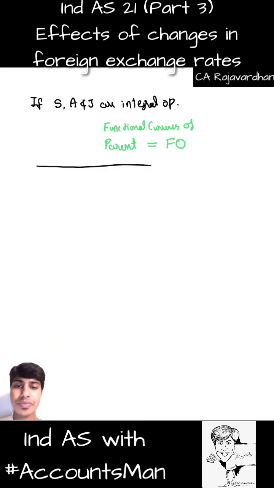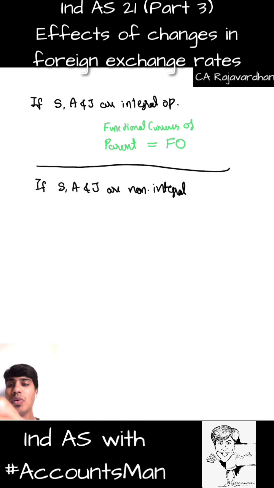However, if subsidiary, associate and joint venture are non-integral, then what will happen? The functional currency of parent and foreign operation are not the same. Then what should we be doing?